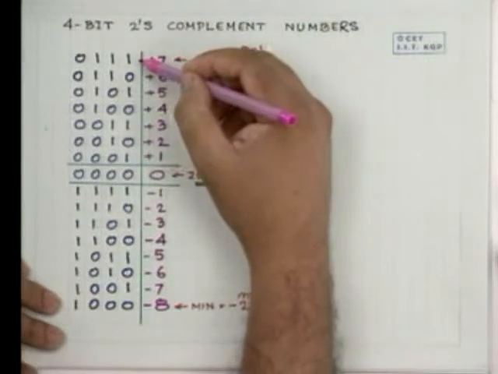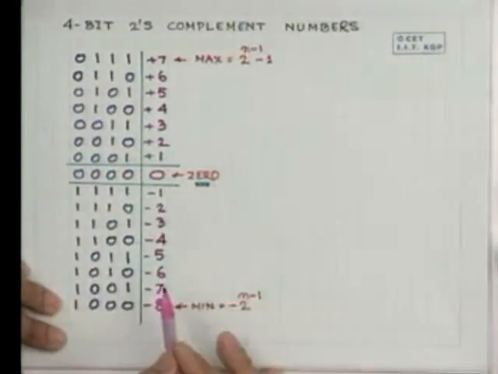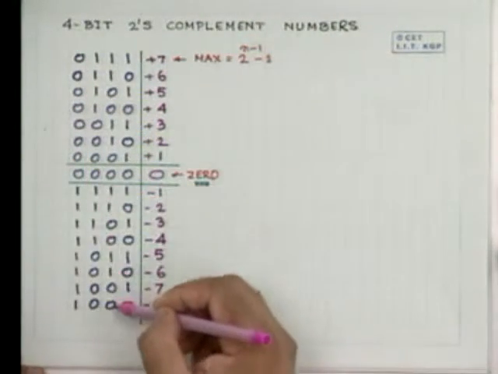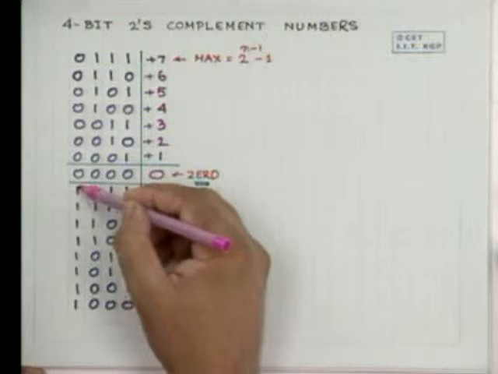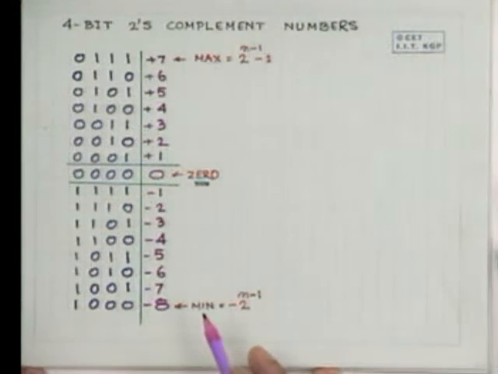On one side of it, these are all the positive numbers with 0 in the most significant bit, that means the n minus 1th bit, and these are all negative numbers that we can represent in 4 bits in 2's complement representation, with 1s in the most significant bit to represent that this is a negative number.